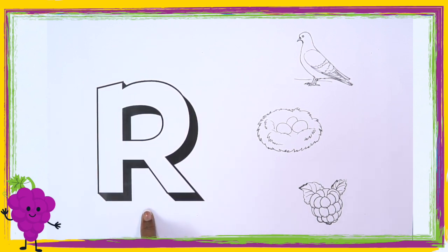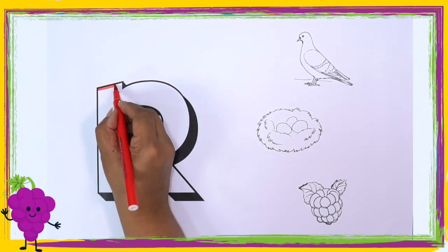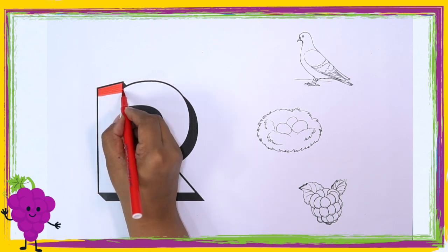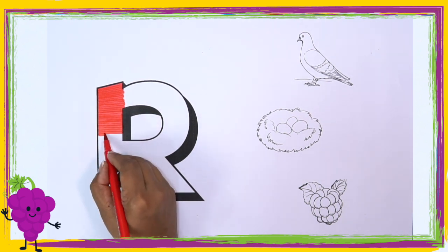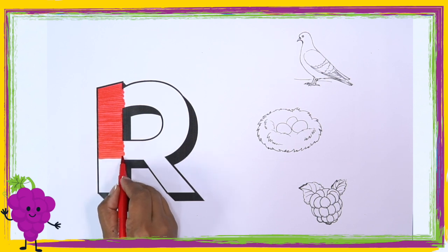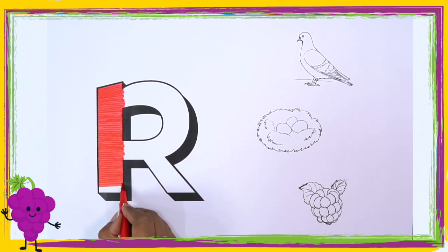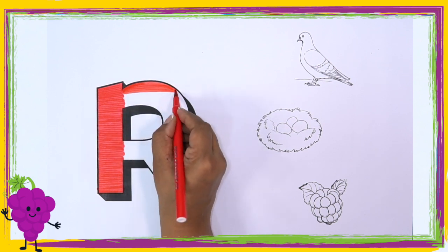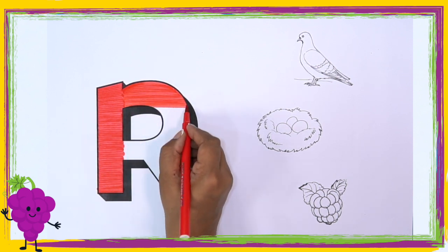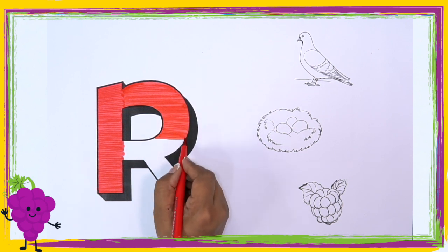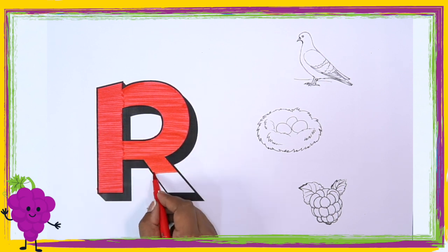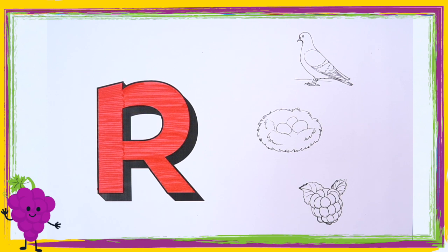This is R. Let's color the alphabet R. R. Can you help find us what comes from R?